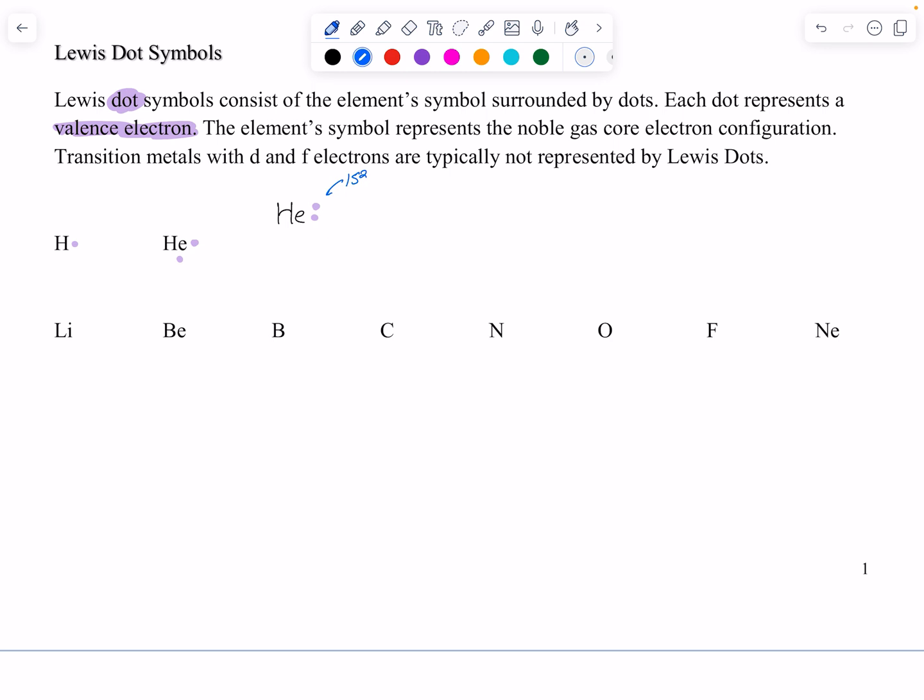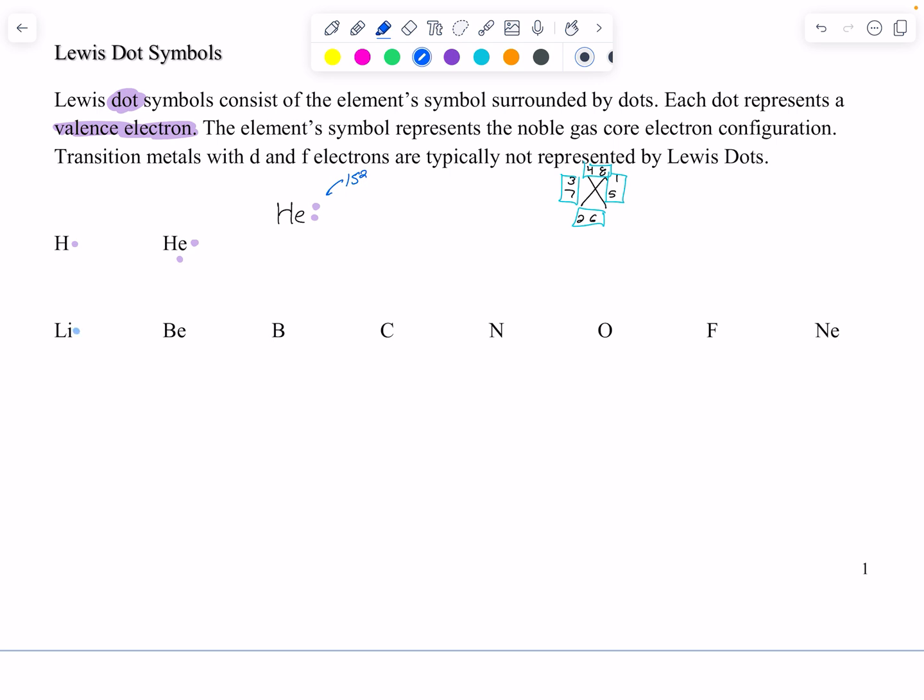Technically speaking, a lot of times you'll see it where you have the element and they'll go around, 1, then 2, 3, 4, 5, 6, 7, 8. But it doesn't really matter. The key thing is that there's only 2 electrons on the sides. Hopefully, if you make a box around the X, the element, there's only 2 per side. That's the big thing.